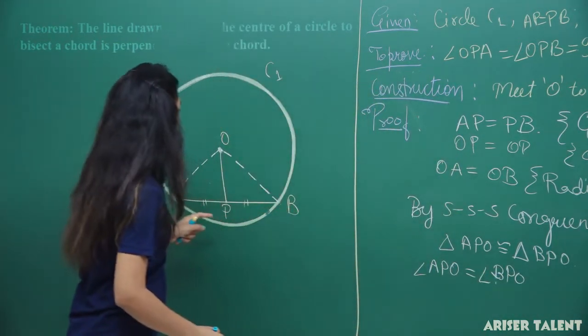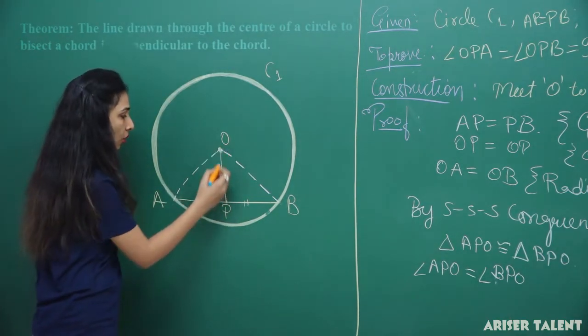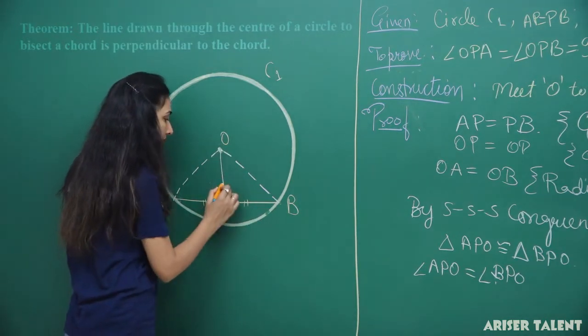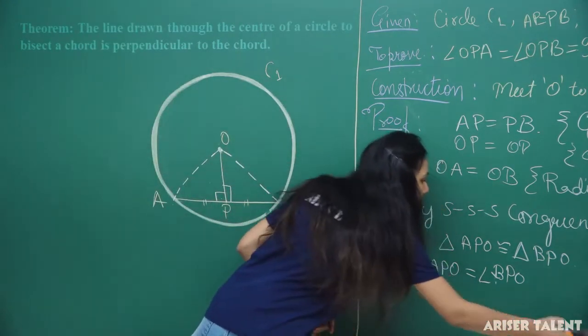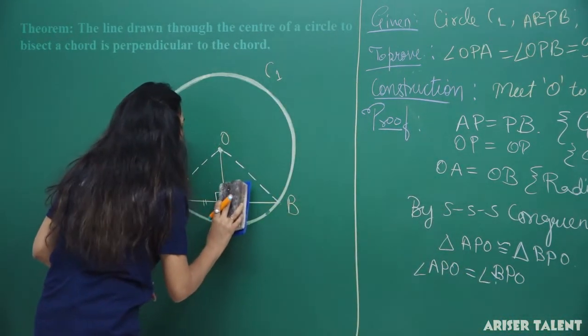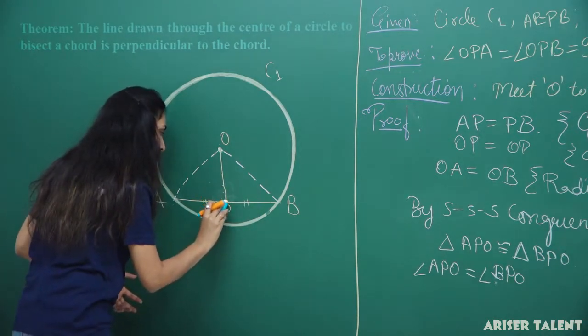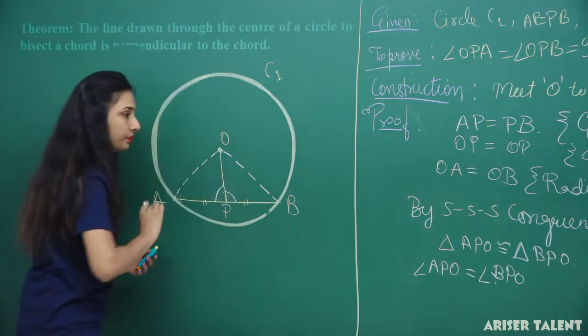Now, students, listen. This is the angle APO, and this is the angle BPO. Right now, I have not proven that these are 90-degree angles. I am talking about this one angle and this one angle.